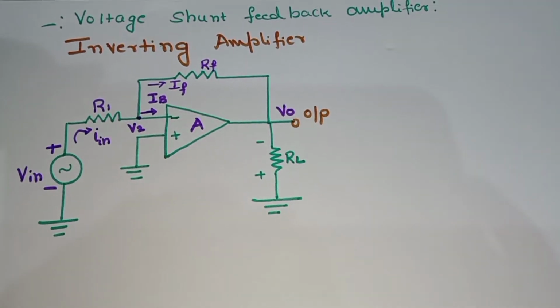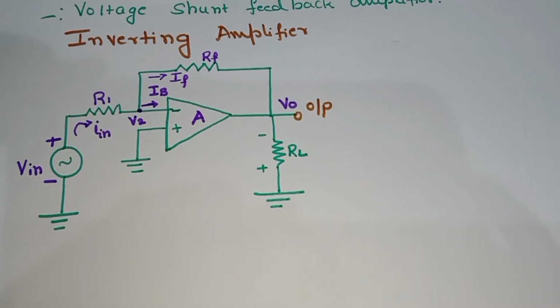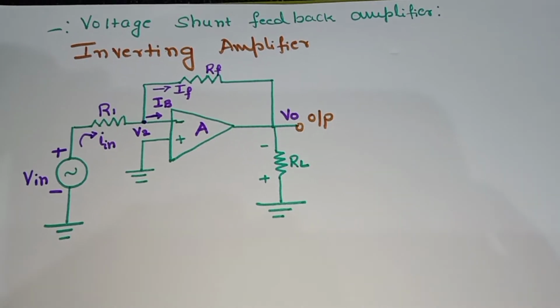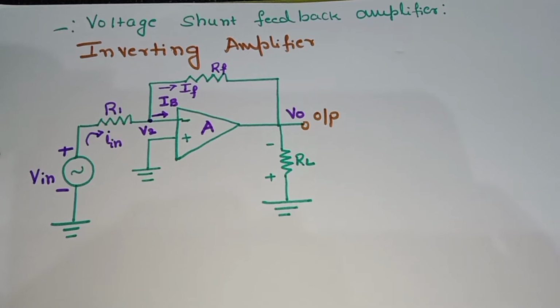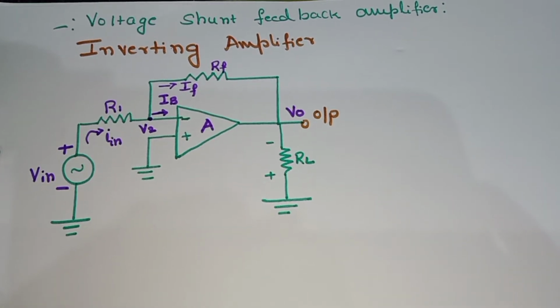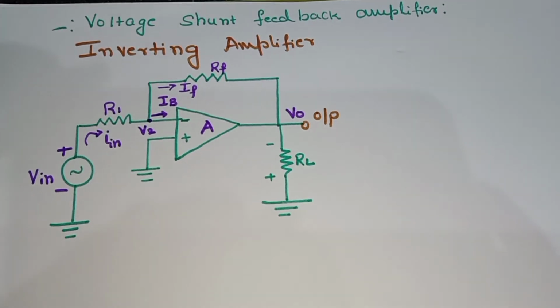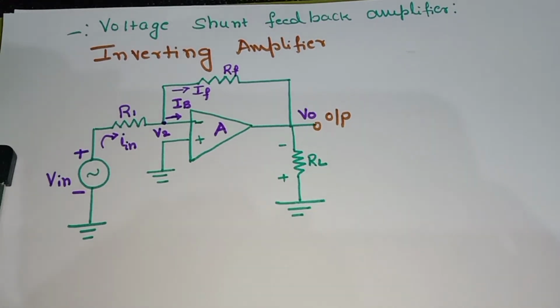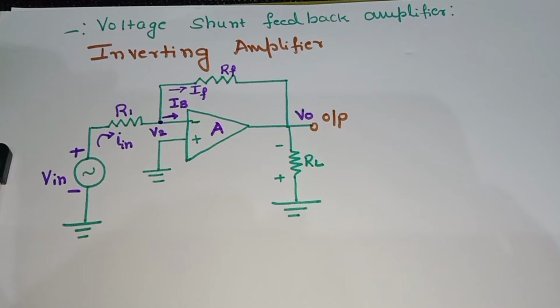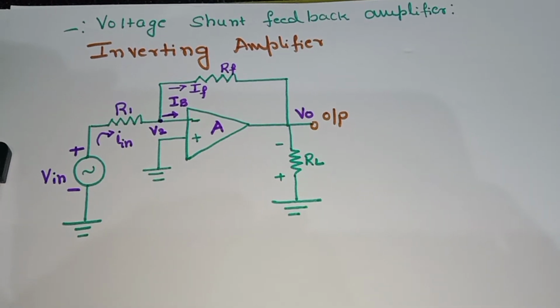Figure shows the circuit for the inverting amplifier. So another name for this is the voltage series feedback amplifier. In the last class you studied about the types of the feedback amplifiers. Correct?